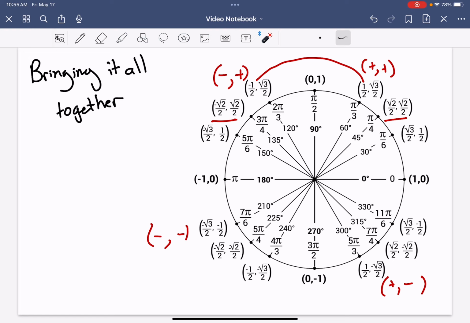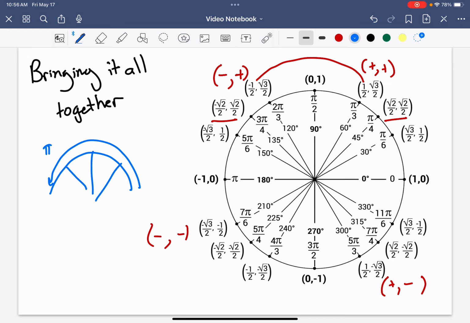Now, what can help you with knowing the quadrant? Well, that goes back to what we talked about at the very beginning, that if we're looking at a semicircle, this is a length of pi. And so we're just making little deviations of it. We're breaking it down, whether it be pi over 2, pi over 4, pi over 6, pi over 3.